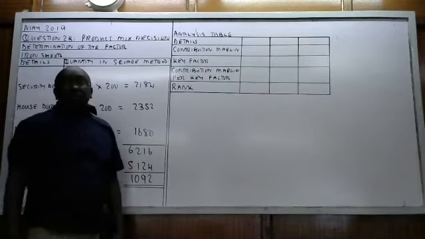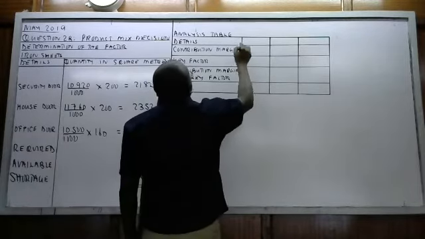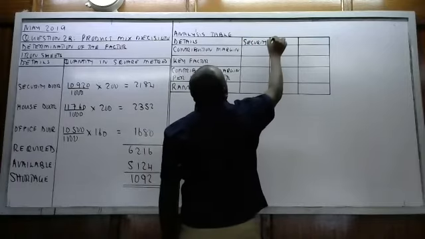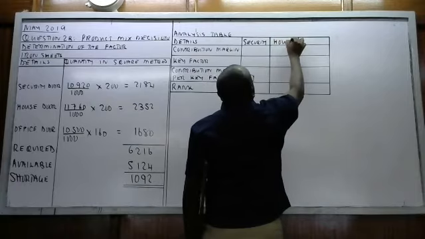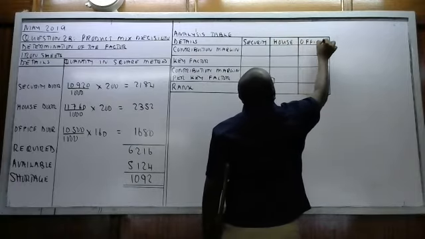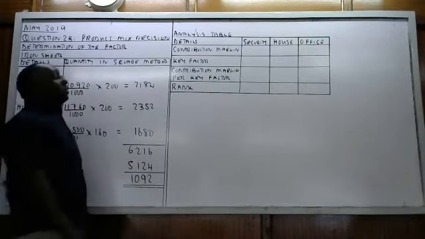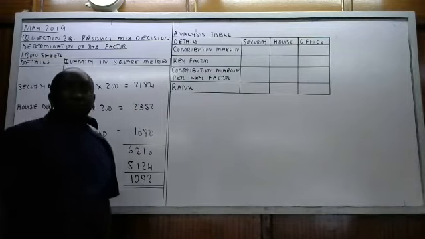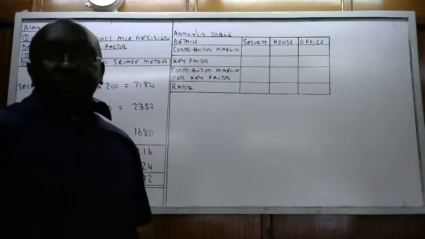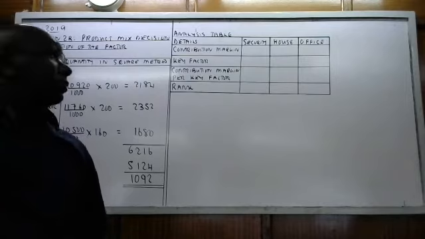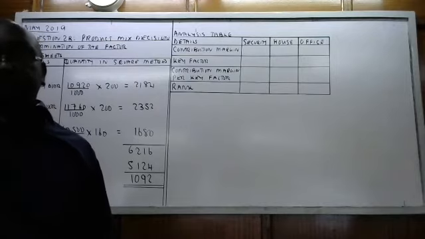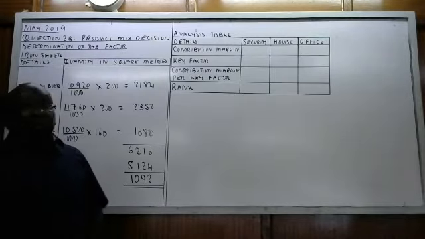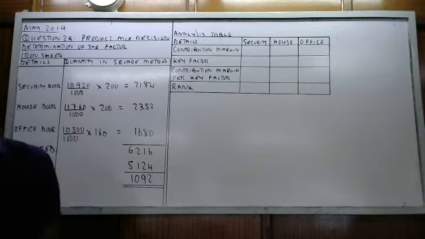There are 3 products. The first one is called security. Another is called house. And this one is called office. Did you get there? Good. Let's start. Remember, contribution margin is the selling price minus variable cost.